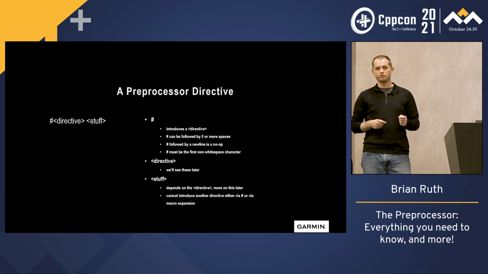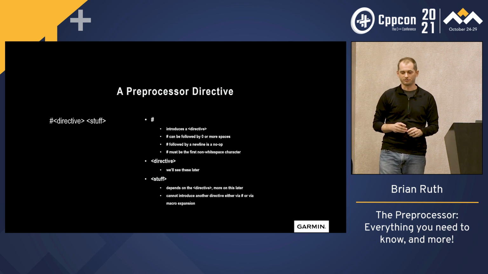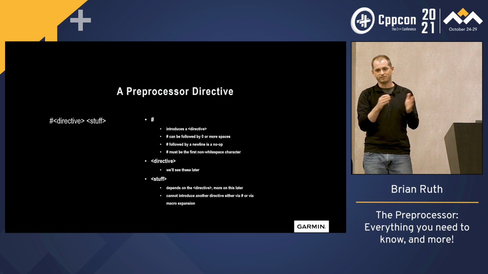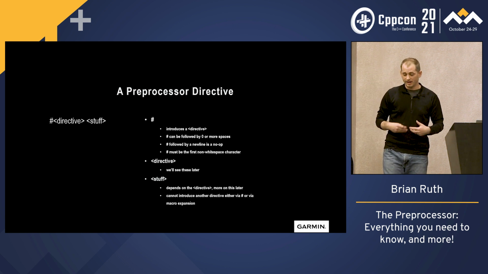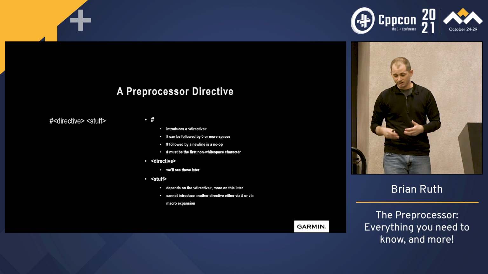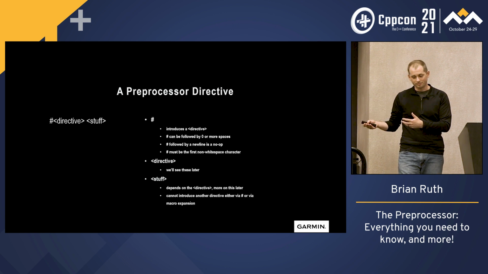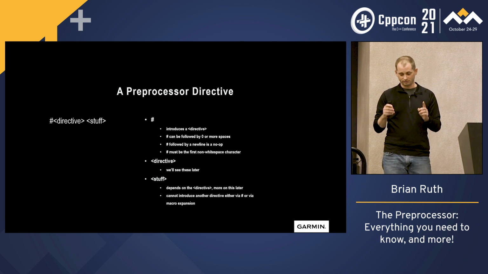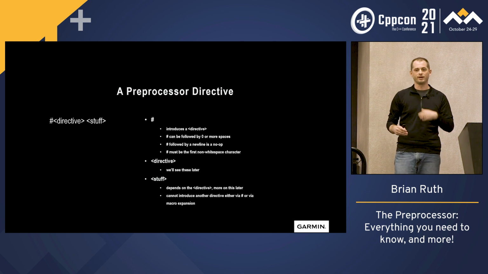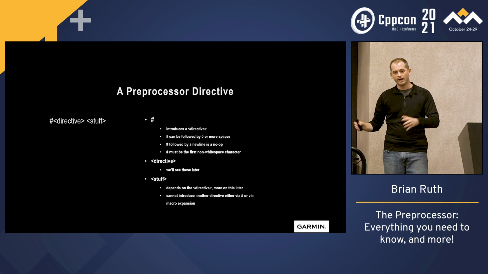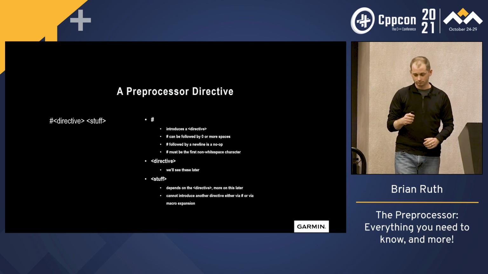But if you want to use a macro or the preprocessor directive, the # has to be the first non-whitespace character. We'll get into directives later, and it's going to depend on what directive you're doing. But one thing that you cannot do is introduce a new directive. So you can't have another # and then something else as part of a macro.